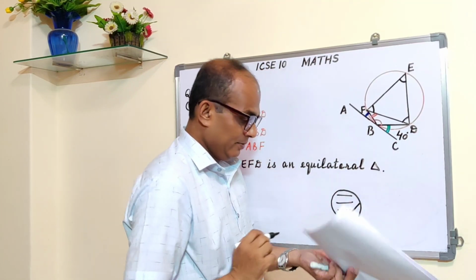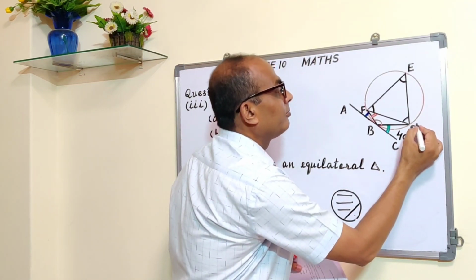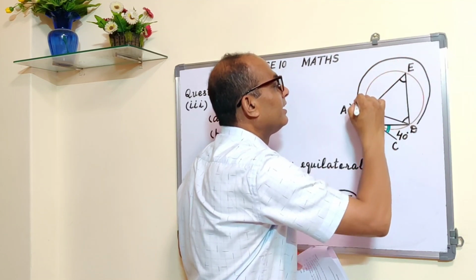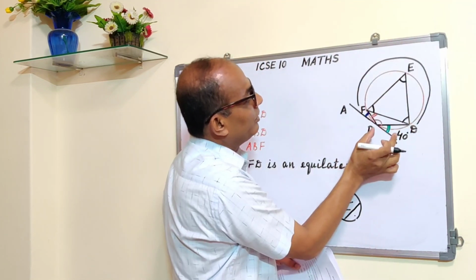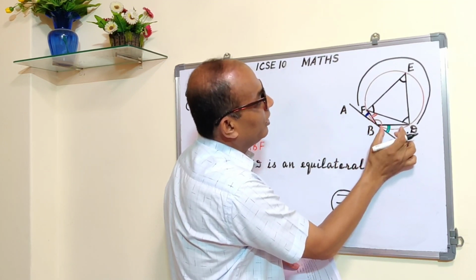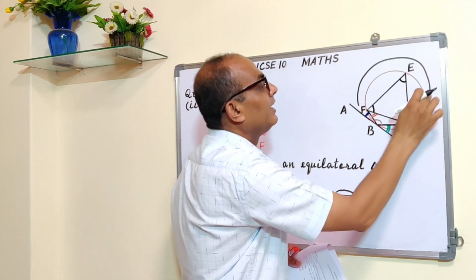Look at it. Let me show you which one is the alternate segment. This part is the alternate segment for this smaller one. It will come till here. For this smaller one, the bigger segment is the alternate segment. Fine.